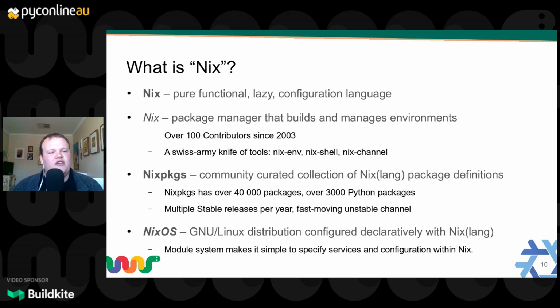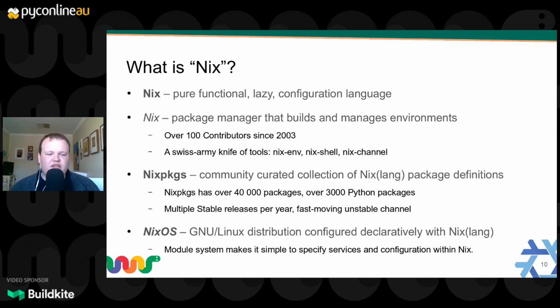Nix, in italics, is a package manager that builds and manages environments using that Nix language. It has over 100 contributors since 2003, and it contains a Swiss Army knife of tools like nix-env, nix-shell, nix-channel. On top of those things is built Nixpkgs. This is a community-curated collection of Nix package definitions. Nixpkgs has over 40,000 packages, and over 3,000 of those are Python packages.